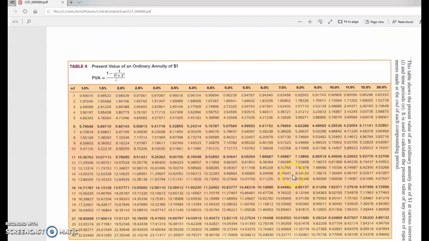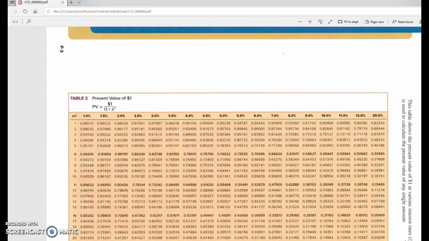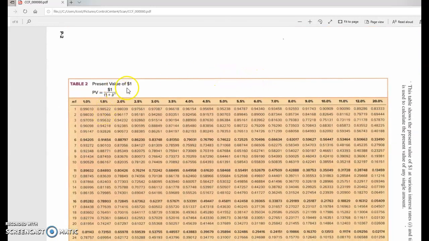The present value table is Table 2. Present value of a single amount where n equals 2 and i equals 10%. The factor is 0.82645.